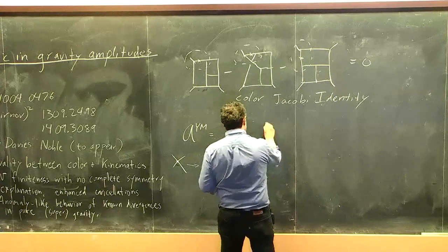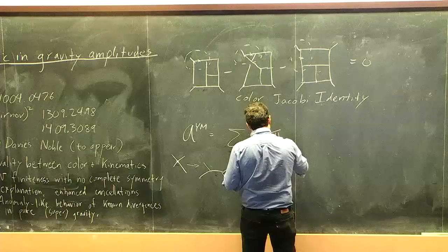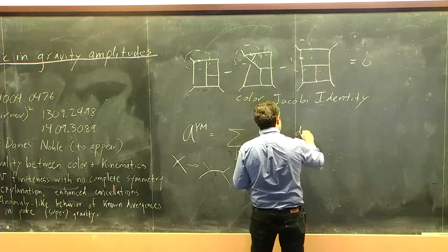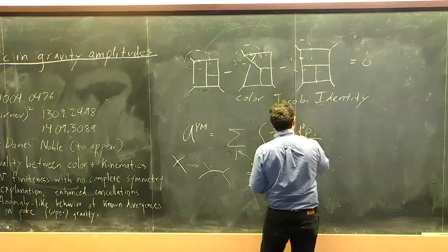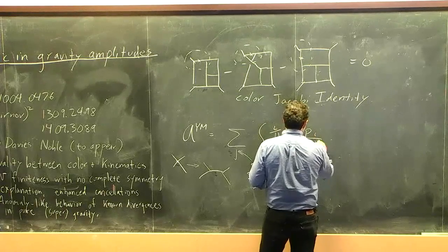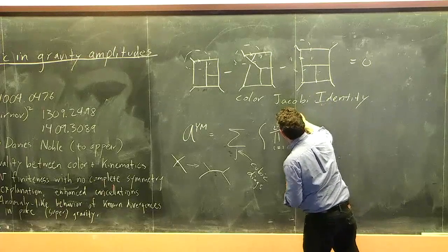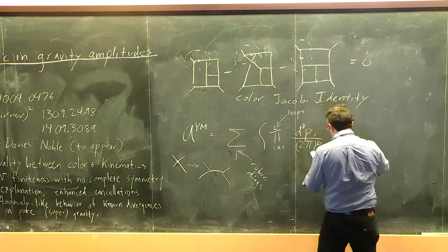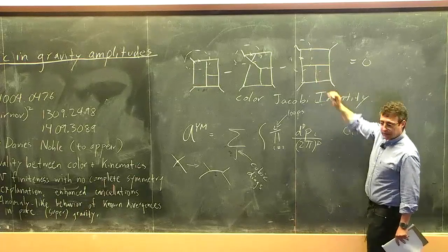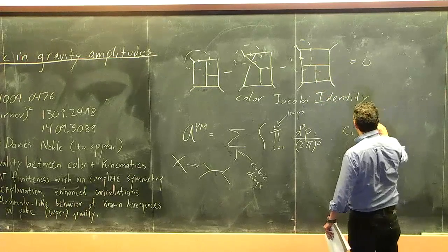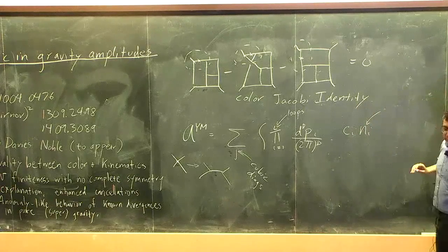Okay, and then we're at loop level. So let's just put d^dp over (2 pi)^d. We'll do this in d dimensions. Okay, so there's L loops. And then let's put in the color factor. The color factor you read off just from the pictures. Let's put in a numerator factor. This you can somehow get out of Feynman diagrams.